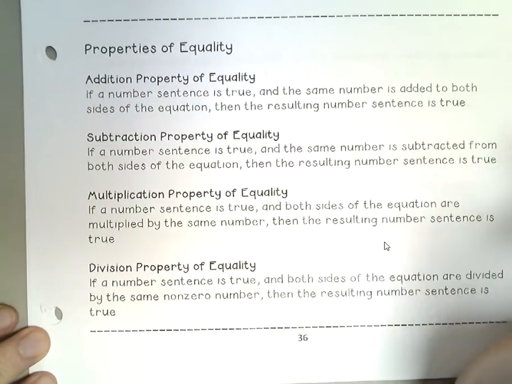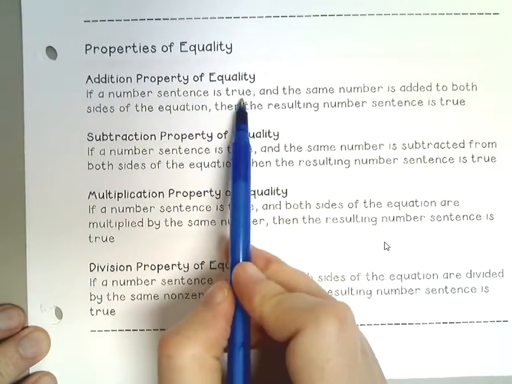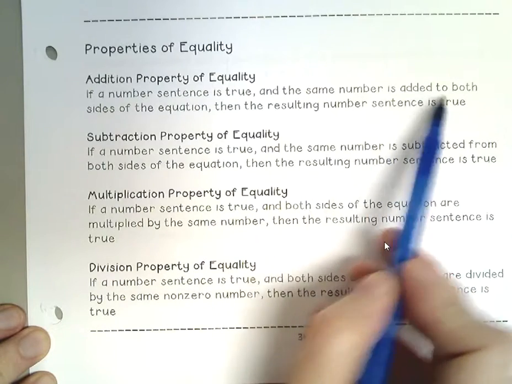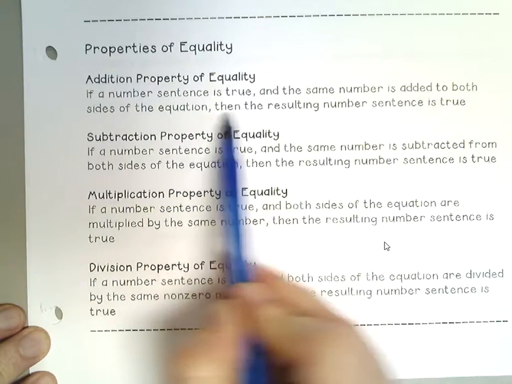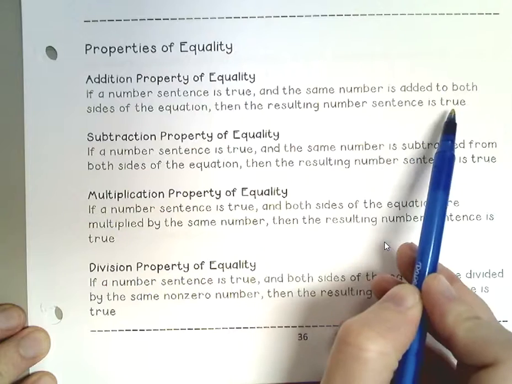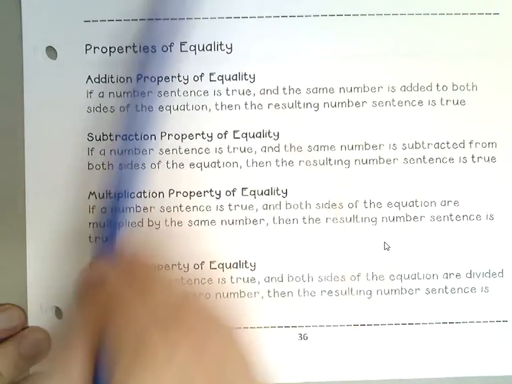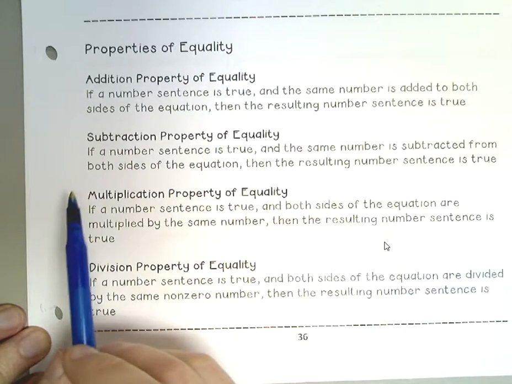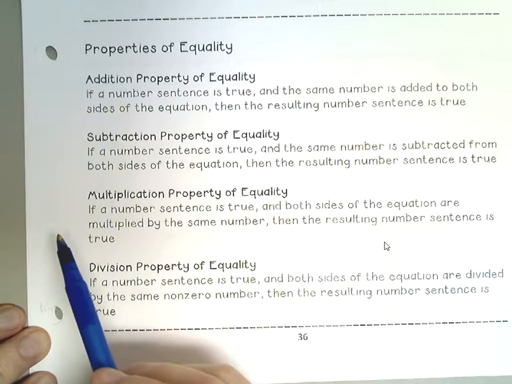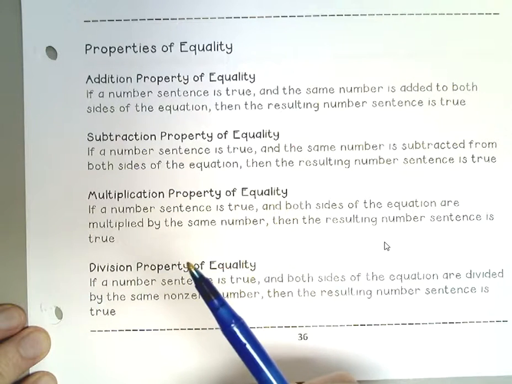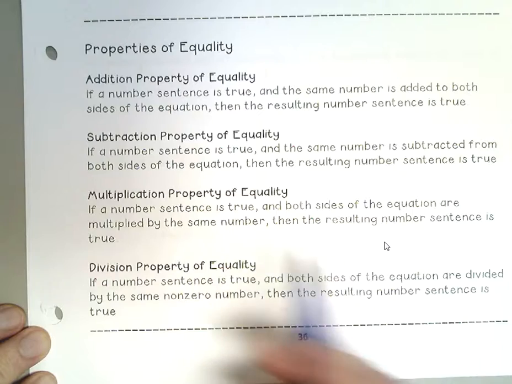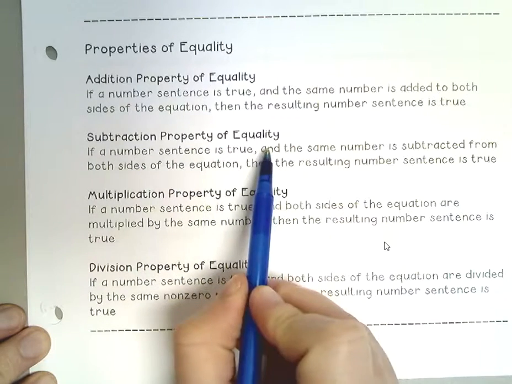Addition property of equality. If a number sentence is true and the same number is added to both sides of the equation, then the resulting number sentence is true as well. So when we added 4 to both sides in the previous page, the results were the same as well. Subtraction property of equality.